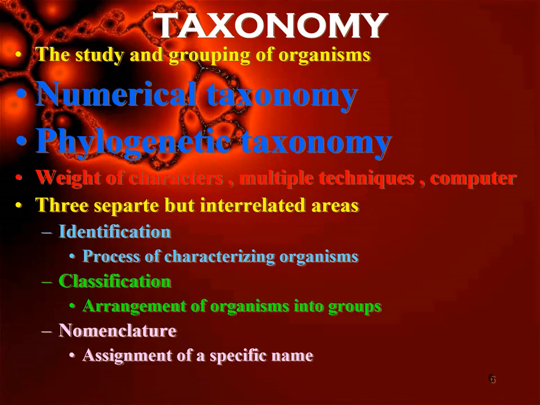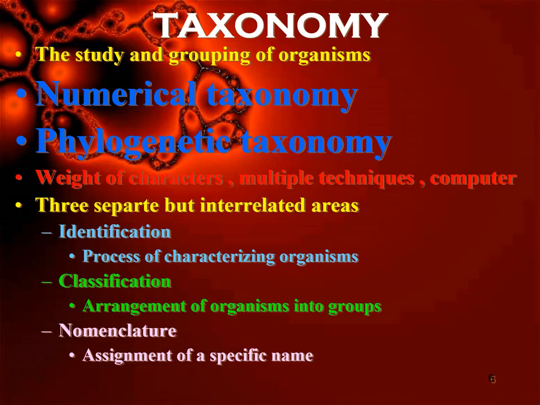Secondly, classification, which means arrangement of organisms into groups, such as arrangement of staphylococci into gram-positive cocci, streptococci into gram-positive cocci, Bacillus subtilis into gram-positive bacilli, spore-forming, etc. And third, nomenclature, the assignment of a specific name; that is, we give a scientific name to each bacterium.